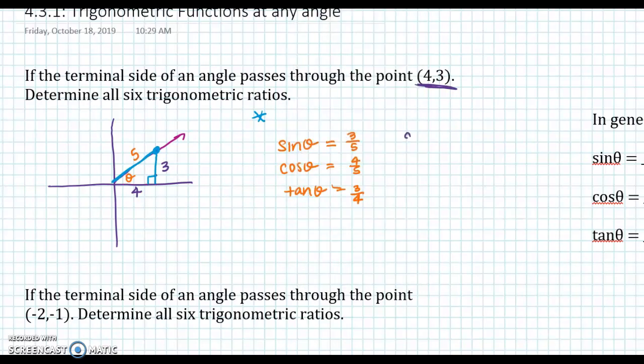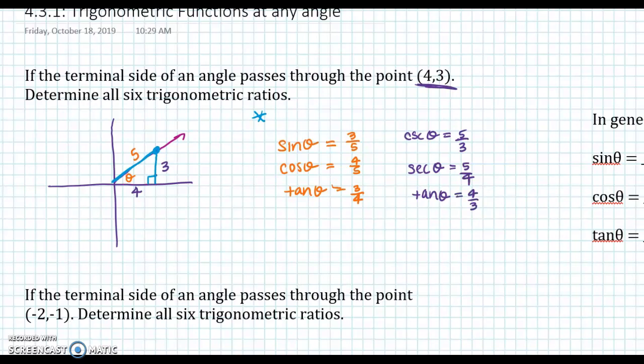And then we can find our reciprocal functions. The cosecant of theta is 5 over 3. The secant of theta is 5 over 4. And then the cotangent of theta is 4 over 3.